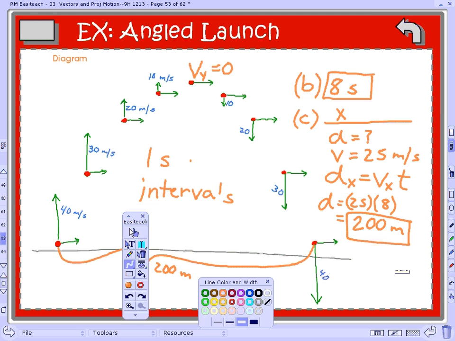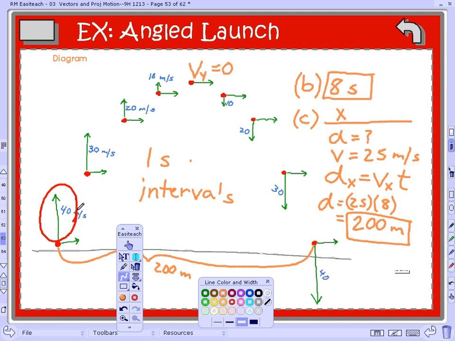It had a time in the air that was based mostly on that 40 meters per second, because that 40 meters per second tells you how long it takes to get down to 0 seconds here at the peak. 4 seconds, and then two intervals of 4 seconds. And then finally, to get the range, you just take the time of 8 seconds and multiply it by the horizontal velocity, because the horizontal velocity is constant.